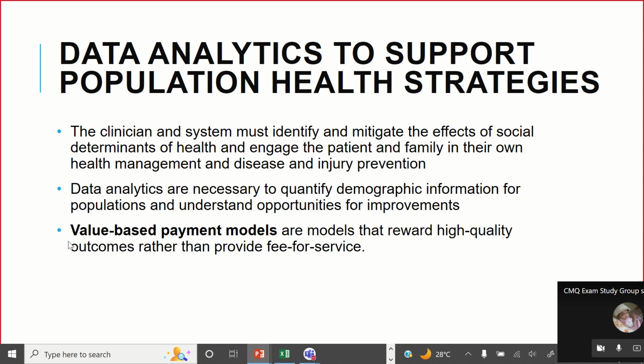And then they talk about the value-based payment models that the insurance companies and the payers have started enforcing, rather than the previous volume-based payment models, which have made it important for organizations to participate in population health activities. These are models that reward high quality outcomes rather than provide fee for services.